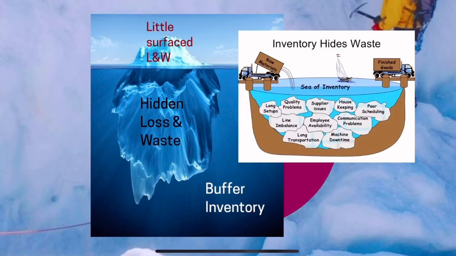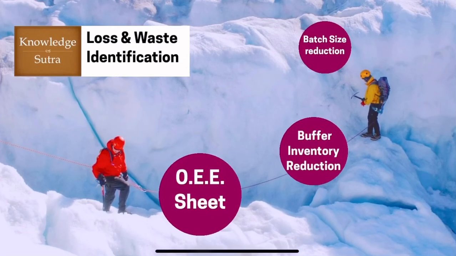Then you will be able to identify, okay, if there are 6 sections in your line or production unit, my section 2 is taking more time to produce the items, or you can see that the raw material is taking more time. So by designing a hypothetical value stream map with a single piece flow, you can easily identify loss and waste in your system.